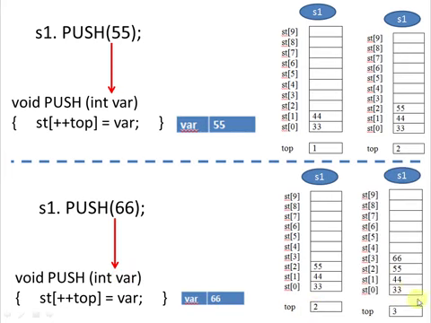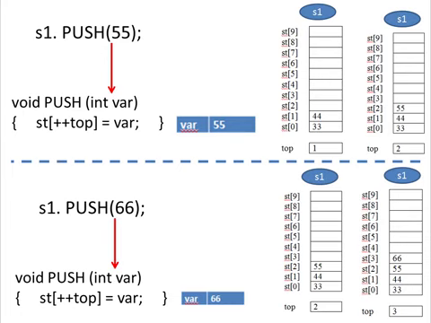At st of 3 location the value of var, 66, will be stored. Now the top value of the stack is 66.